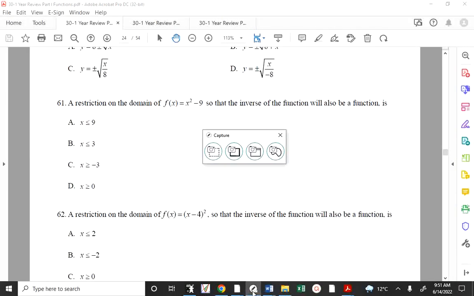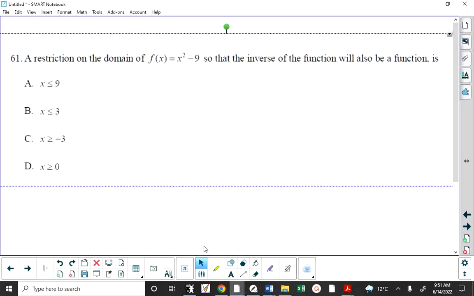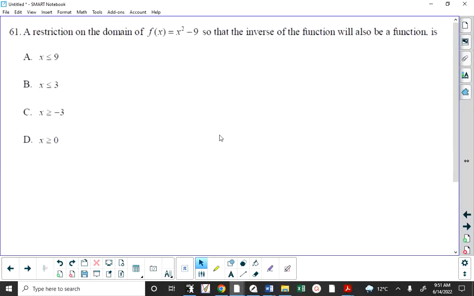This is one of the greasiest, slipperiest things to wrap your head around for students. There's a restriction, and maybe it's because of the way it's always worded. There's a restriction that we could place on the domain of this original function so that the inverse will also be a function. So first of all, not worrying about where it is, this is a parabola that opens up.